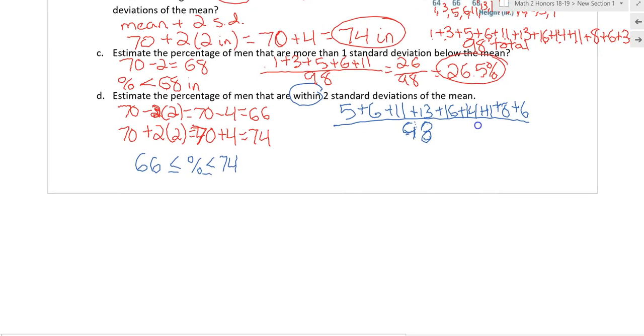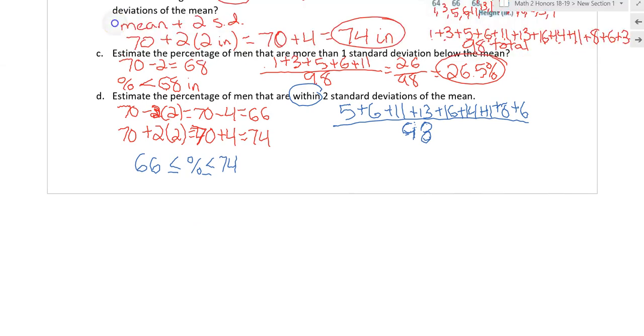This up a little bit. The other thing you can do is count just like the outsides, right? But if you add all these up, you get 92 out of 98, which is 93.9%.